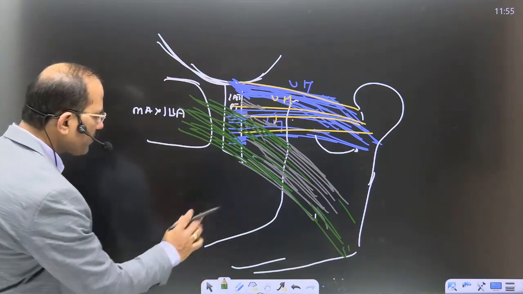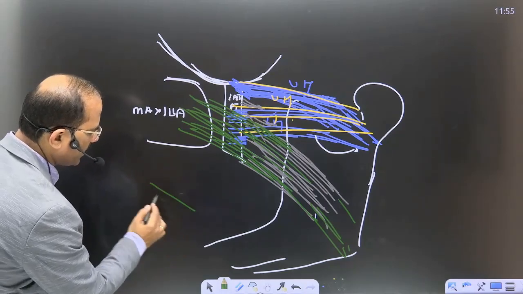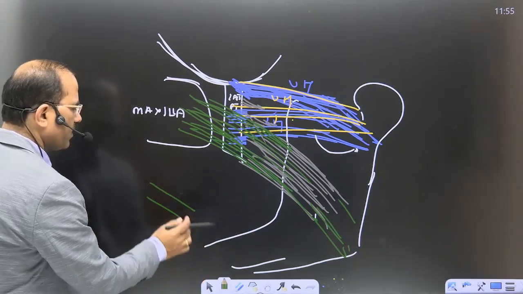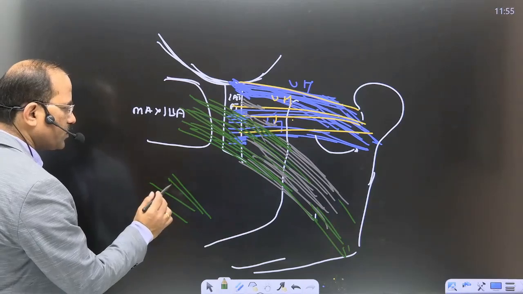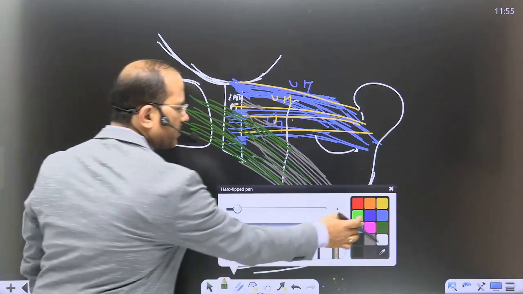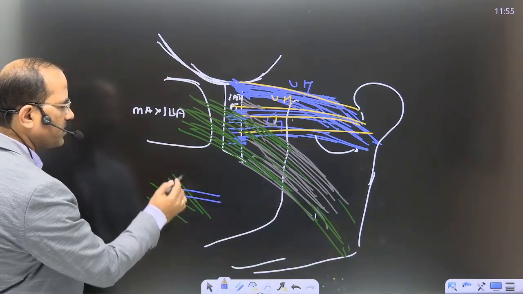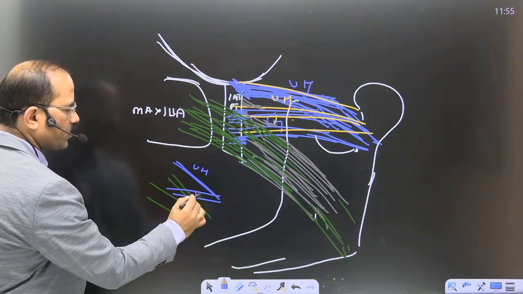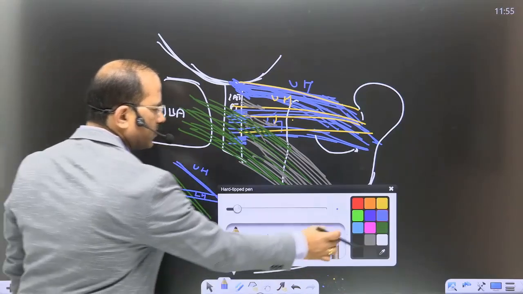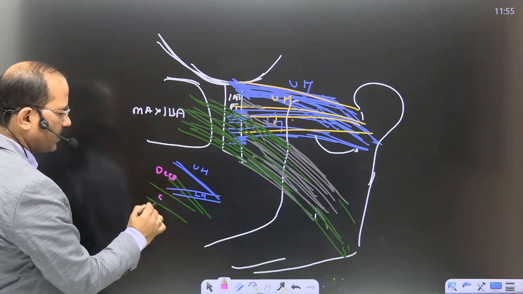So, if I make it like this, this is the superficial head of medial pterygoid, and that's the deep head of medial pterygoid. There's one muscle which is between them. Can anyone tell me which muscle is between the two heads of the medial pterygoid? This is the upper head of lateral pterygoid. This is the lower head of lateral pterygoid. This is the deep head of medial pterygoid, and that's the superficial head.